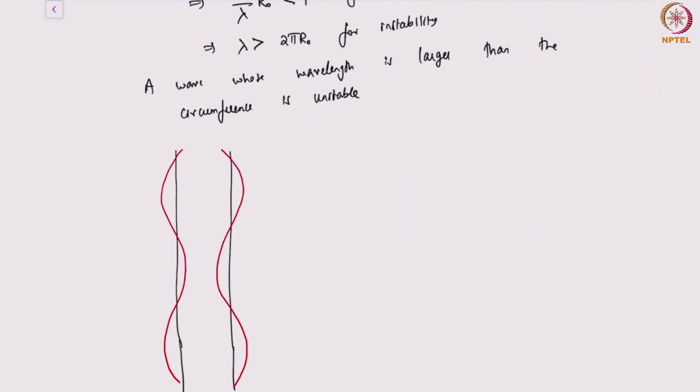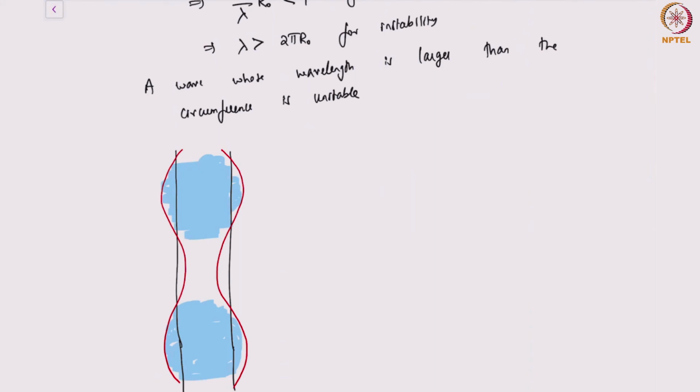Eventually, blobs of fluid would accumulate in these bulges, and fluid would move away from the troughs, and this leads to formation of the droplets.